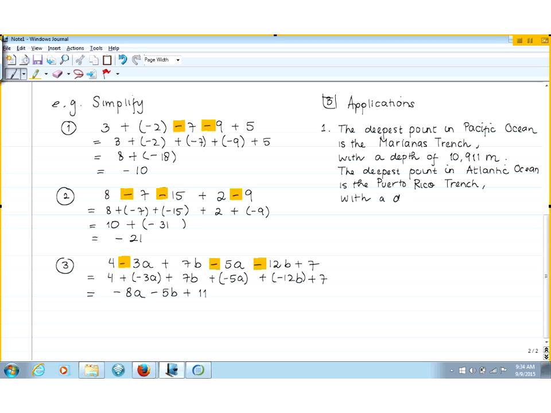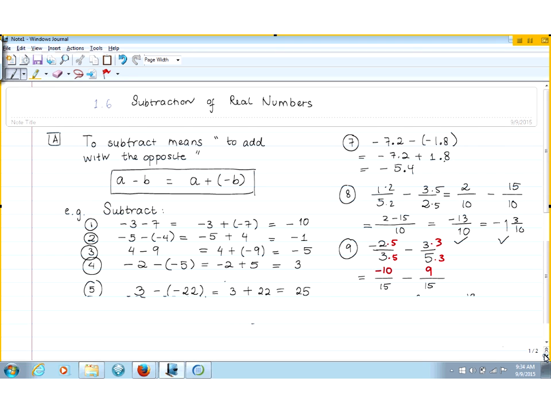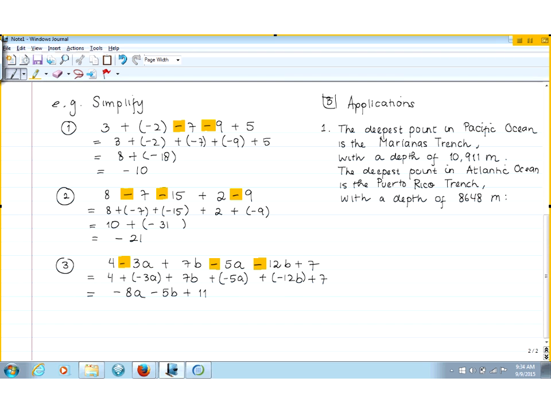All right, with a depth of 8648. So 8648. Let me write these. 8648 meters.